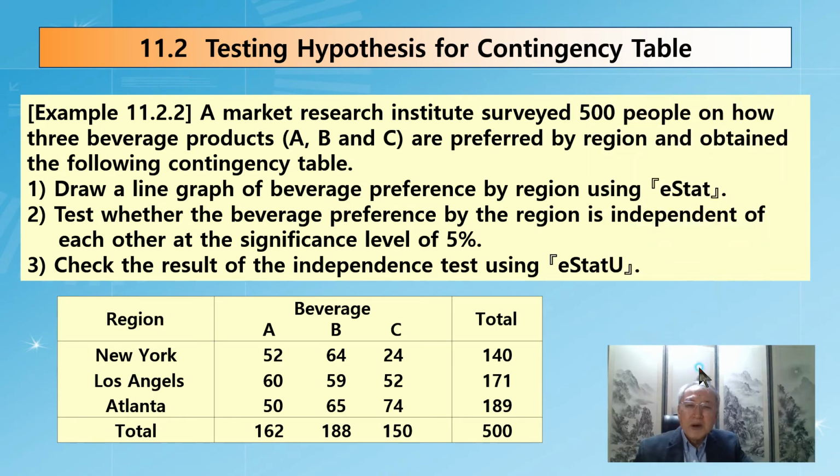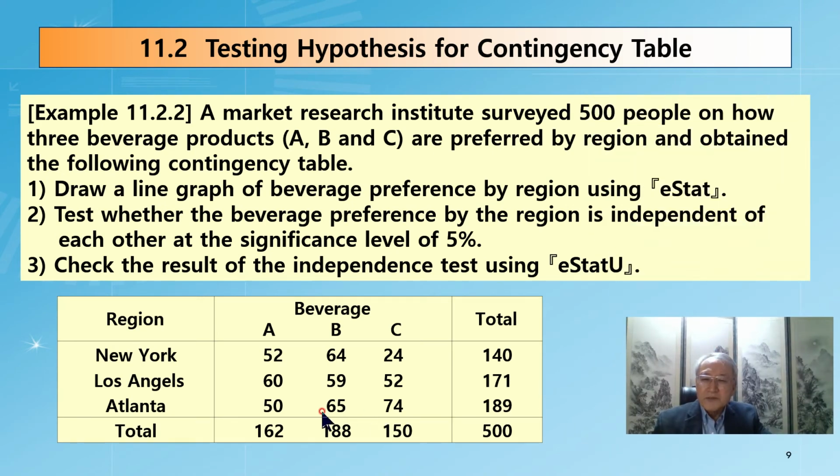Let's consider one more example. You have this kind of frequency cross table. There are 500 samples, here are the regions, and here are the beverages. They check the preference. So we have all different numbers in the totals. How can you calculate the expected frequency? The first thing you have to do is calculate the proportion.